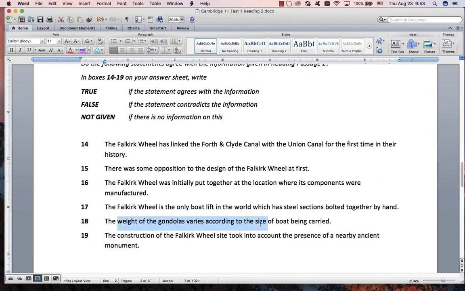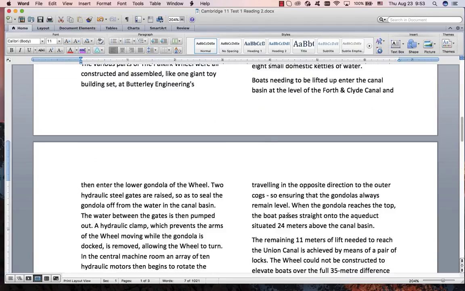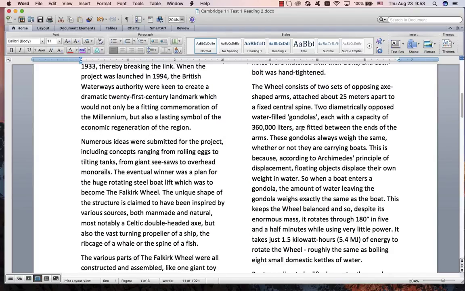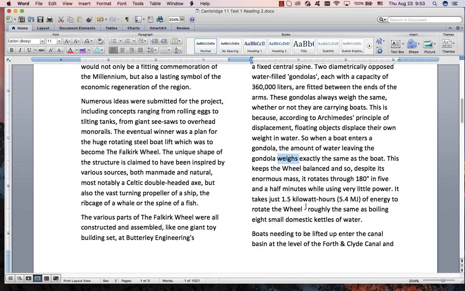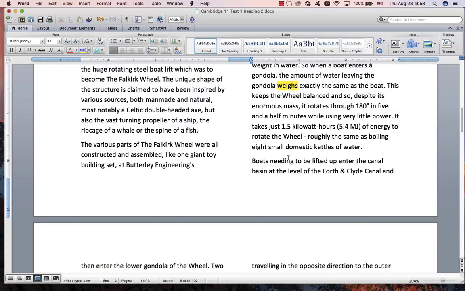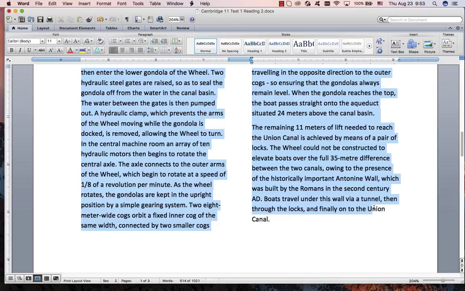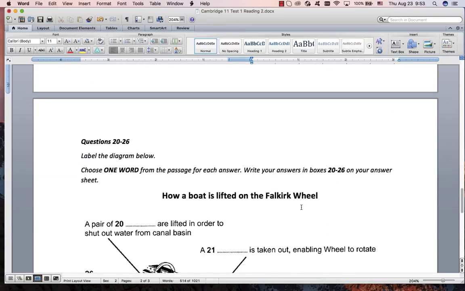The weight of the gondolas varies. The weight of the gondolas changes. If I scan over here, I'm just looking for something about weight, and there it is over there. So that's kind of enough for now. I'm quite confident already that the diagram is going to come from these paragraphs over here. Alright, so let's get started then.